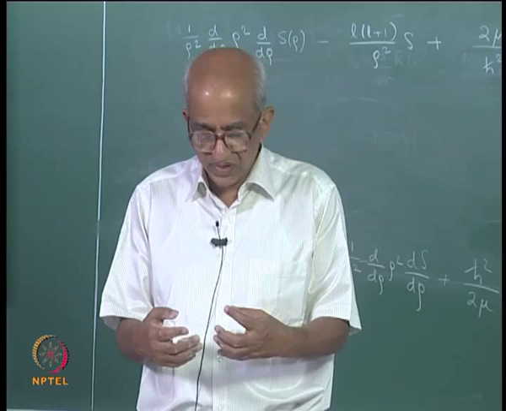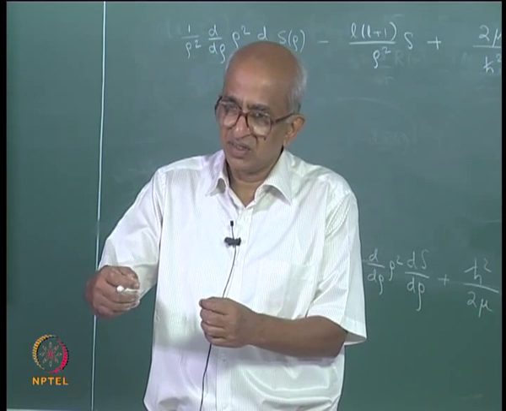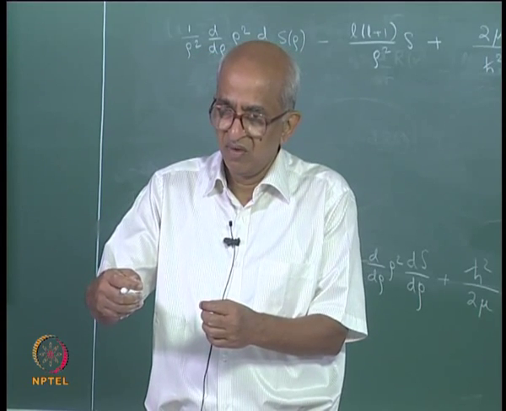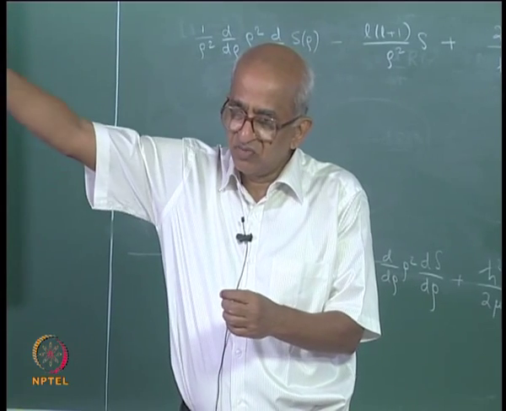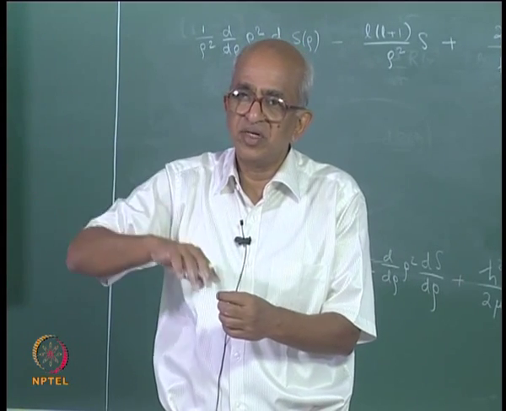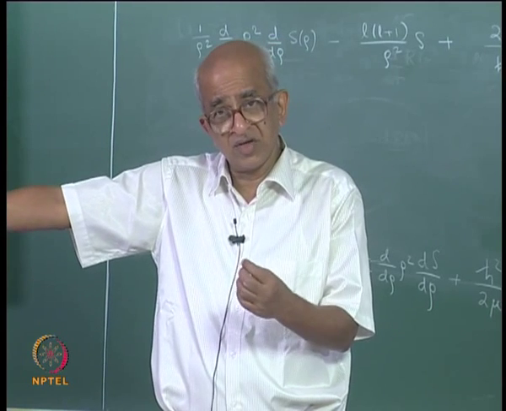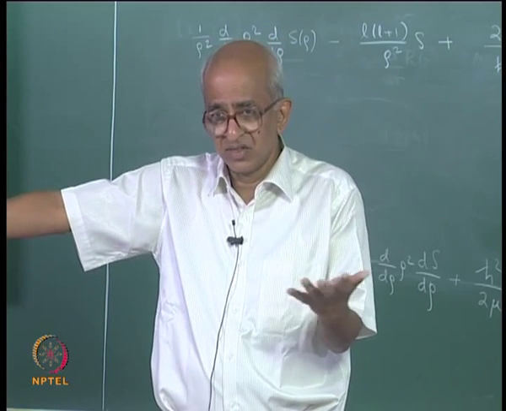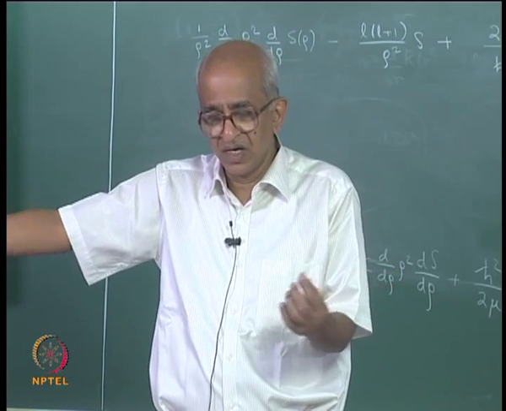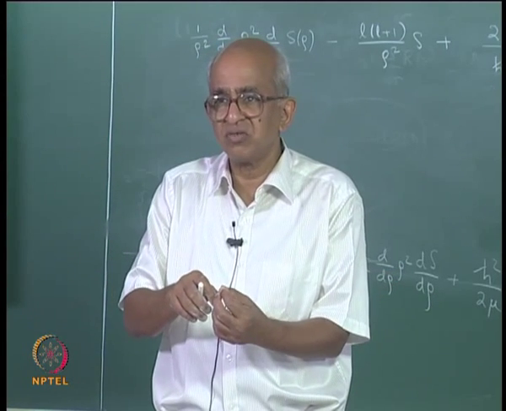what is going to happen is this: you have the nucleus, you have the electron, and if the electron is far away from the nucleus, there is no interaction, and the energy of the system will be, let us say, 0. And if I bring the electron close to the nucleus, what would I expect?